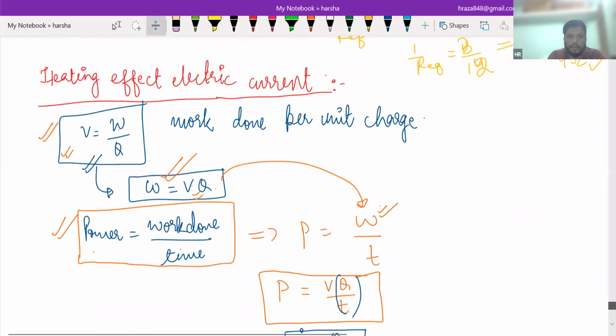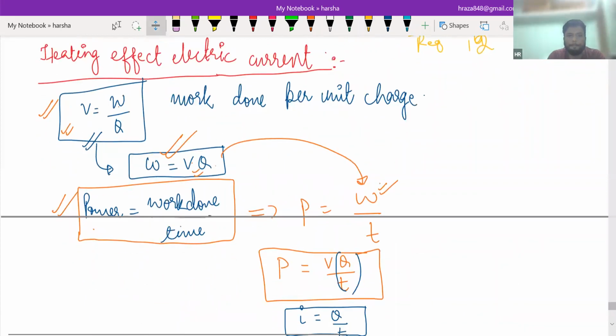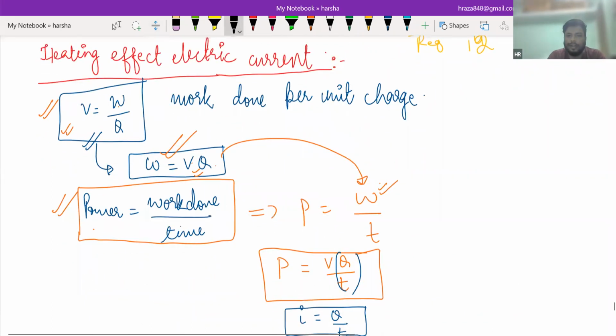Please concentrate here. So we are going to learn heating effect of electric current. As we know that when a current is continuously flowing, the conductor, or you can see the bulb, is heating slowly. That's why we are talking about heating effect or heat energy.